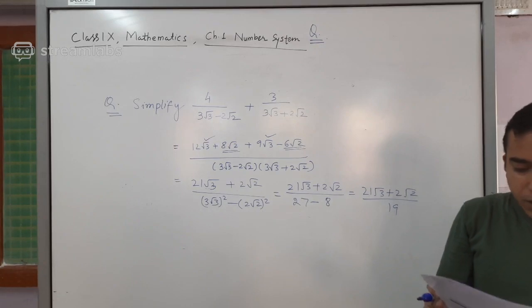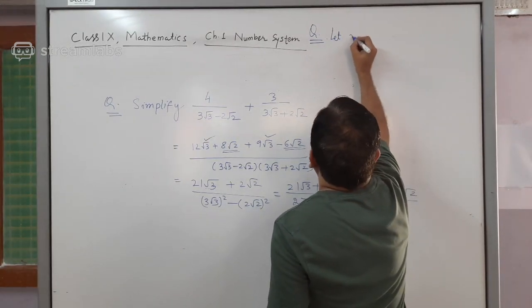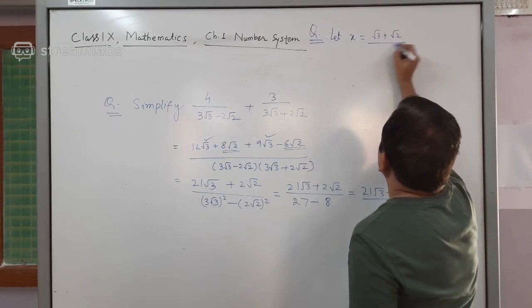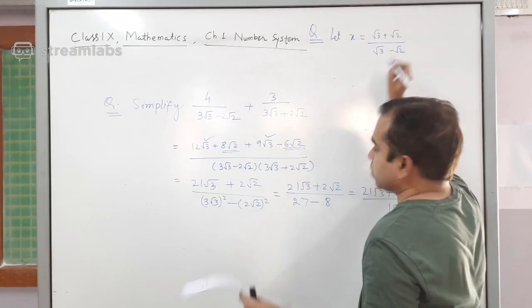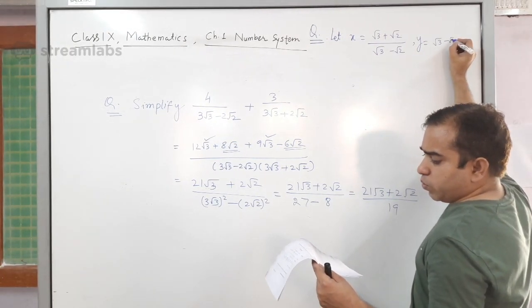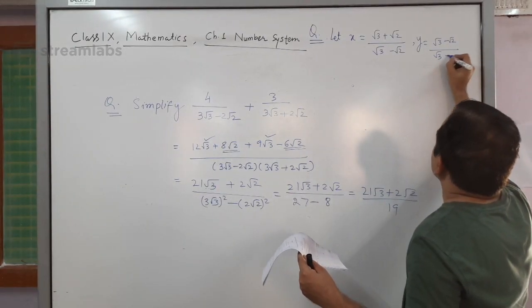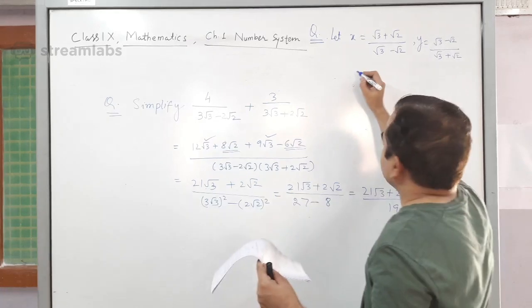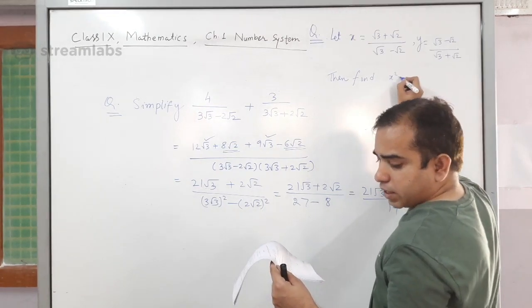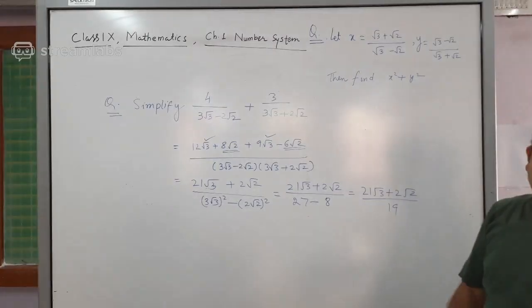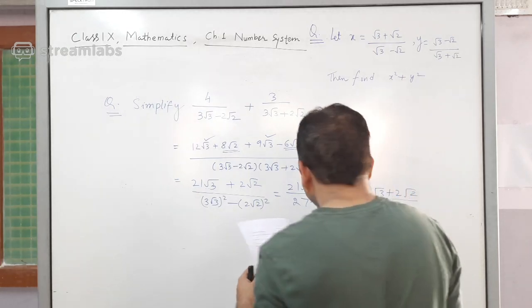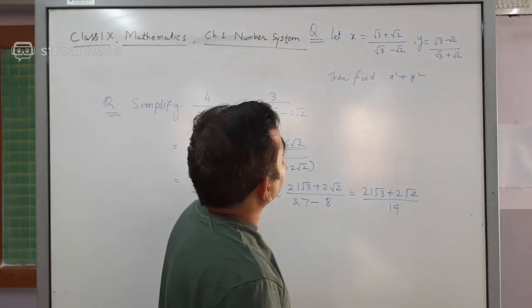One question is that suppose x is root 3 plus root 2 upon root 3 minus root 2, and let y is root 3 minus root 2 upon root 3 plus root 2, then find x square plus y square. So let us see how to simplify.